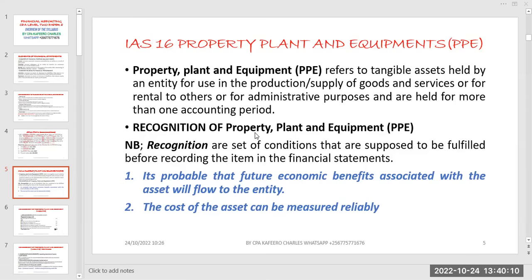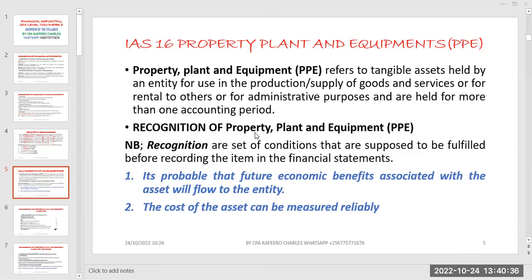But there are other assets which are accounted for under different standards, like the biological assets. Those ones are not under PPE. They also have their separate standard that handles them.